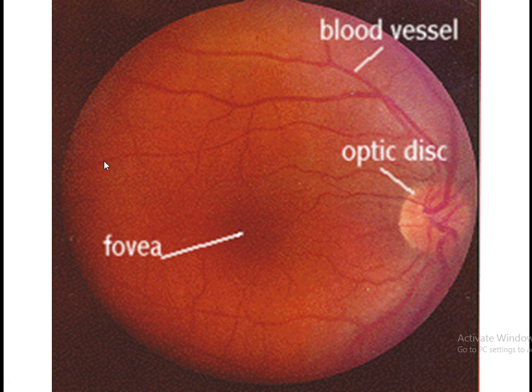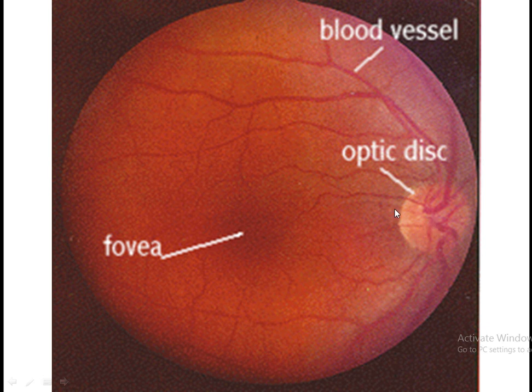To have a clear examination, this is how you divide your eye: the area closer to the nose is the nasal side, and the area away from the nose, closer to the temple, is the temporal side of the eye. To describe the exact position of any opacity, this is the landmark, because it is present on the nasal side.